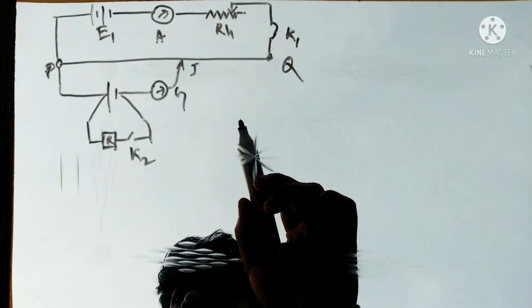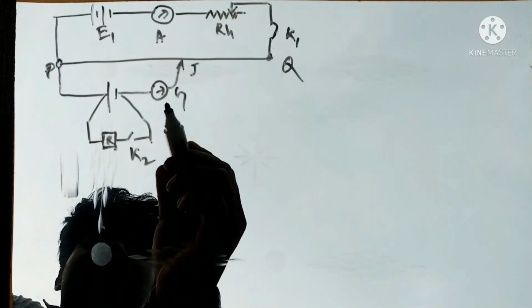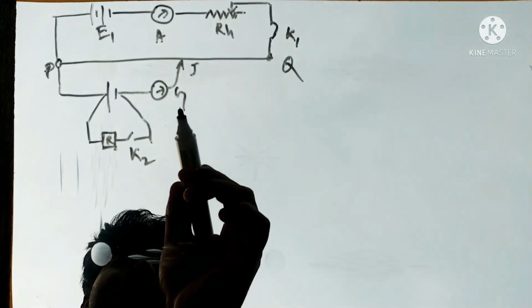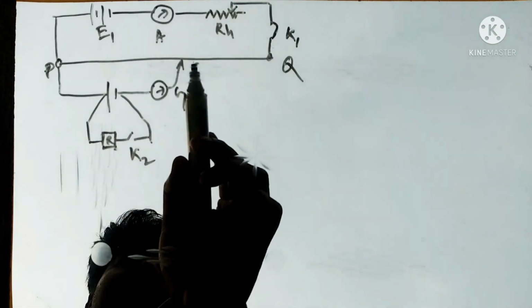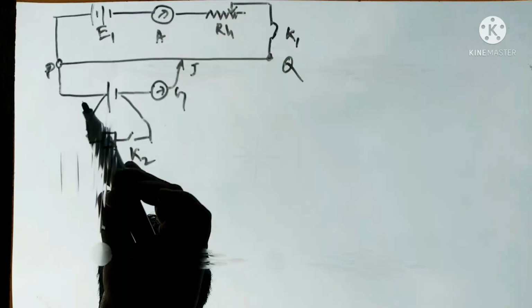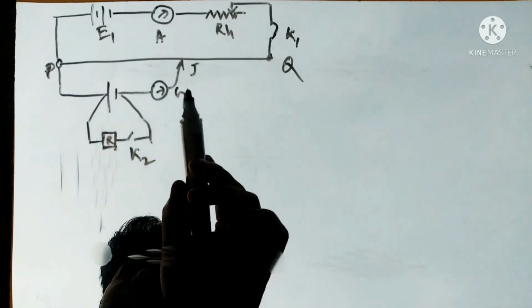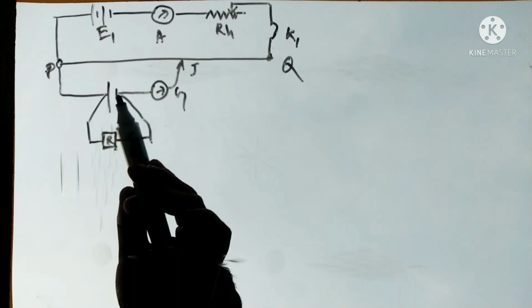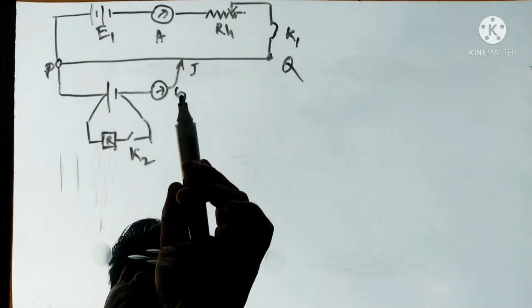At this stage, the potential difference across PJ is equal to the EMF of this cell, which is E.